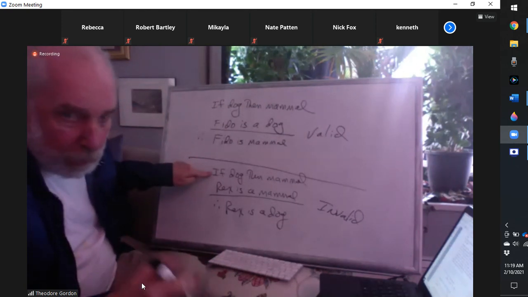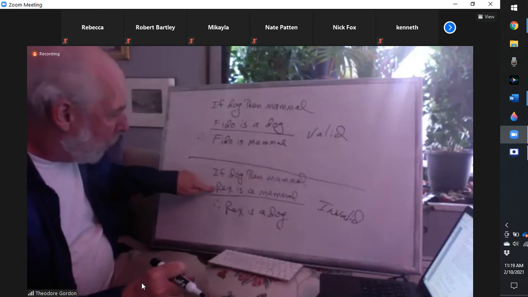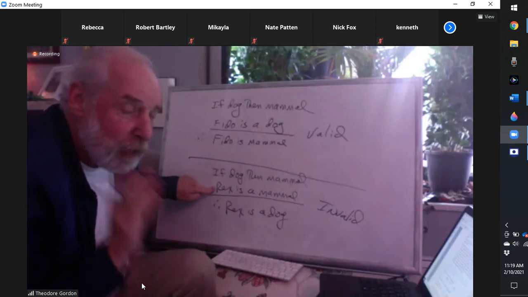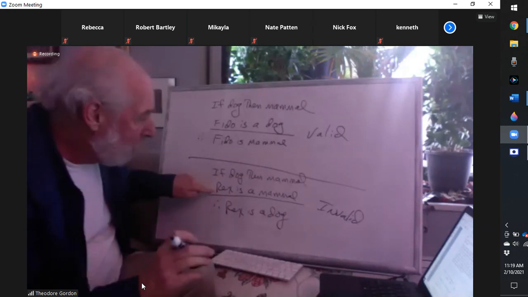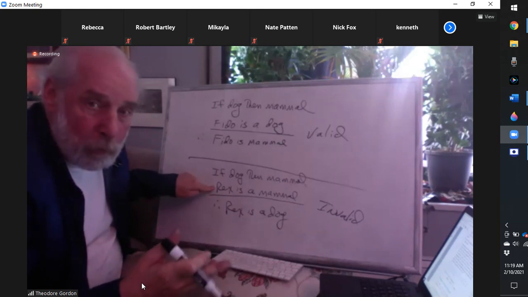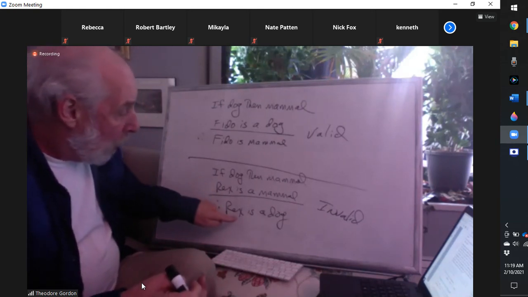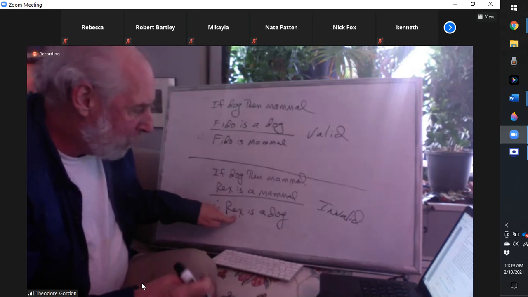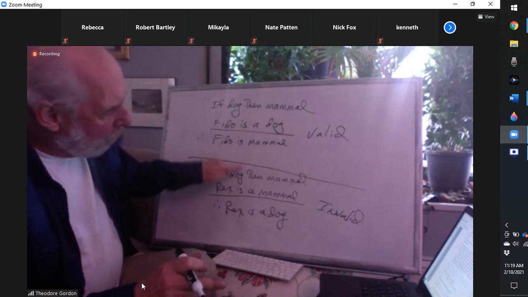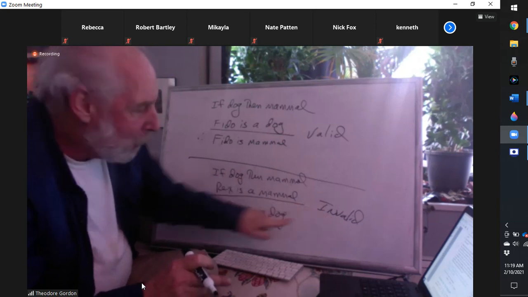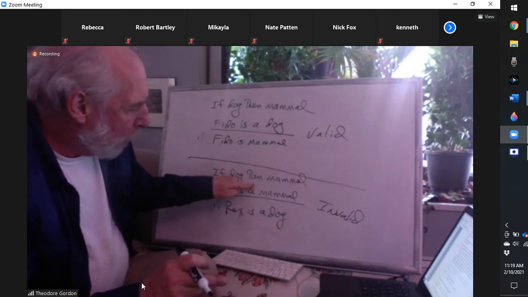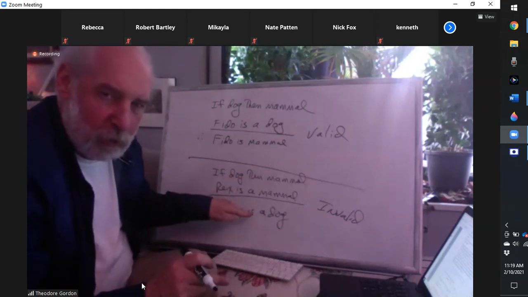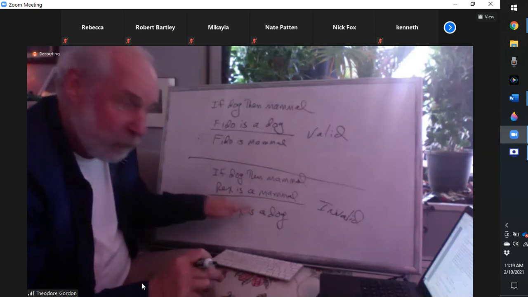All dogs are mammals. This is true because it's a premise. We assume a premise is true. So Rex is a mammal. That's a true statement. And this could also be true. It could be true that Rex is a dog, but this argument is invalid because these two premises do not force this conclusion, even though this statement could be true.